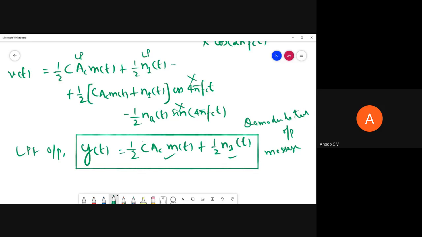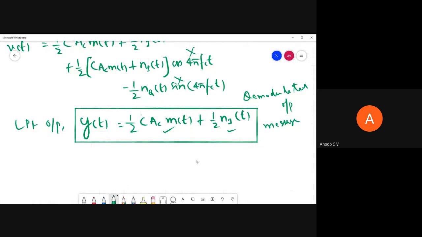So maybe we can now note down one of the important properties of coherent detector.